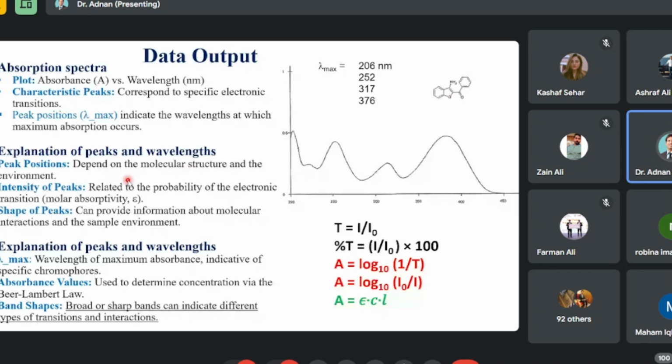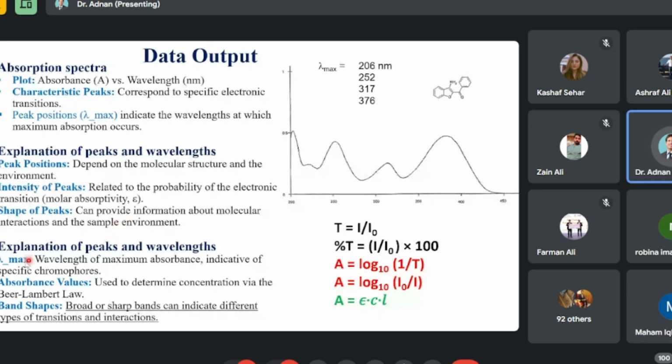The peak position depends on the molecular structure and the environment. So what environment you have provided, like the solvent, and the intensity of the peaks tells you how much concentration of that specific part of the molecule is present, and the shape of the peak can also provide information about molecular interaction and the sample environment.